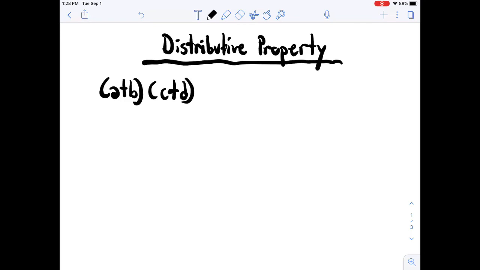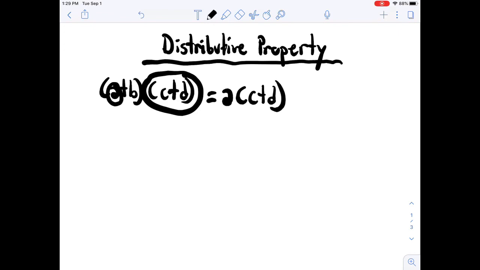So what we're going to do is we're going to take this a here and multiply it by the second binomial. So a times c plus d. And then we're going to do the same thing, except we're going to use the b as the monomial.